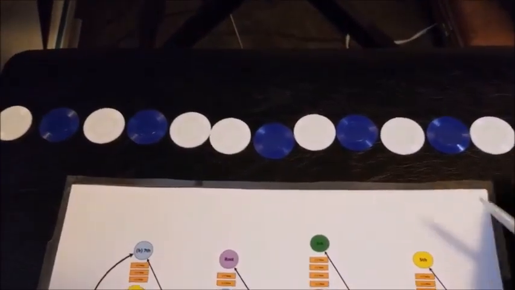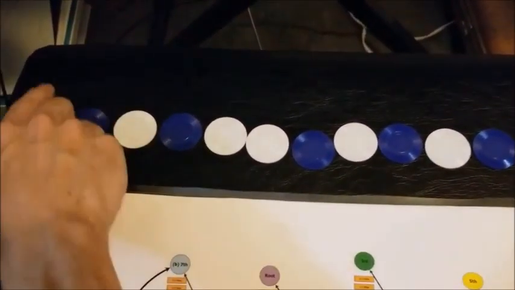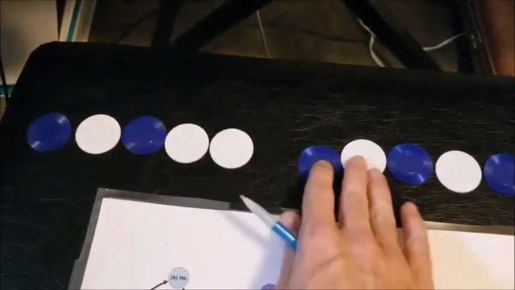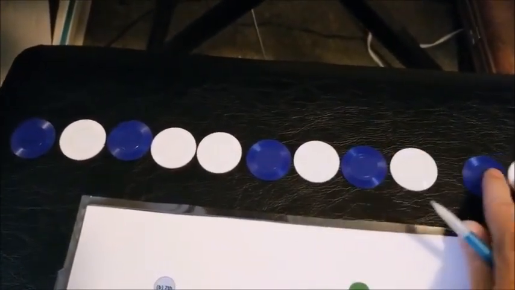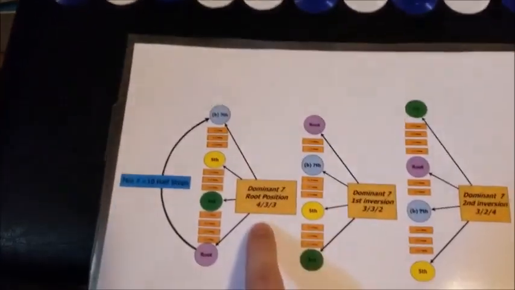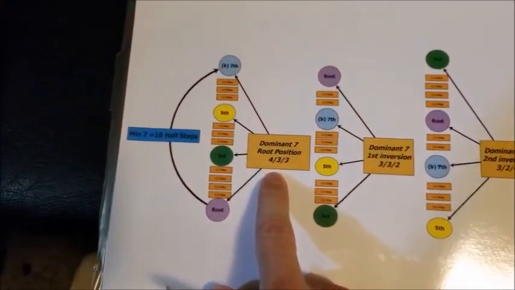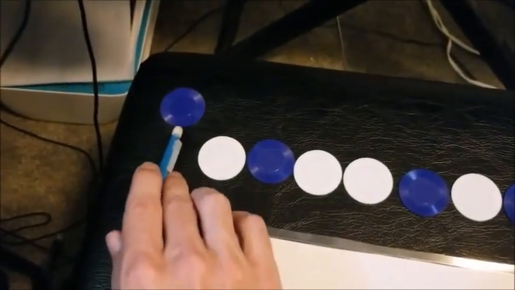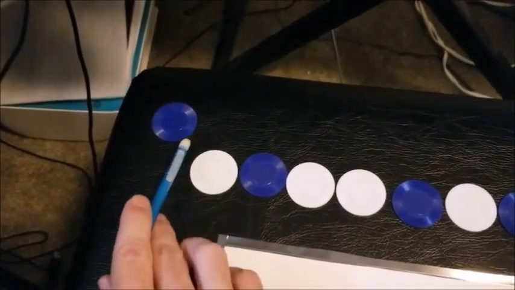Now we're going to shift on to our next note, starting here. Bring these down. So we're going to be starting with C sharp or D flat. Starting with our 4-3-3 root position on this note. We're going to count 4: 1, 2, 3, 4.